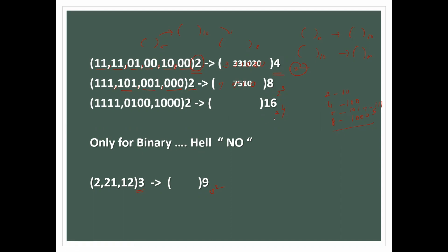Now, conversion into base 2 power 4. Again, group it in terms of 4 digits. The binary equivalent of 1000 is nothing but 8 here. 0100 is nothing but 4 here.